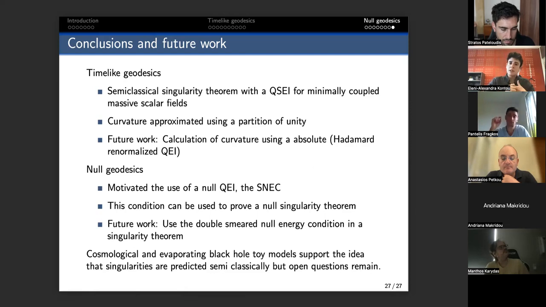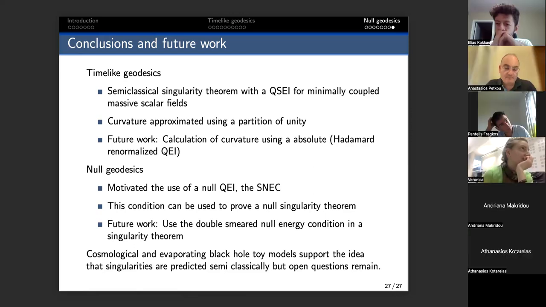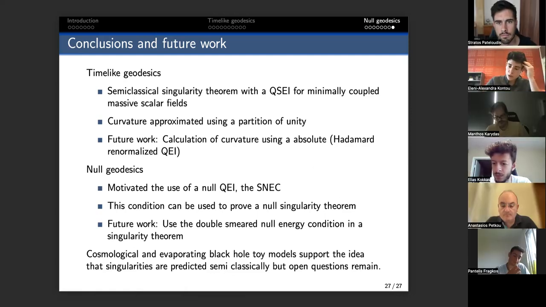The only explicit example I know is in 2 dimensions, the Ising model, and there's a quantum inequality for that. But in general, it is very, very hard to prove that. The other thing that I heard in a talk a few days ago was also for 2 dimensions, some integrable models.